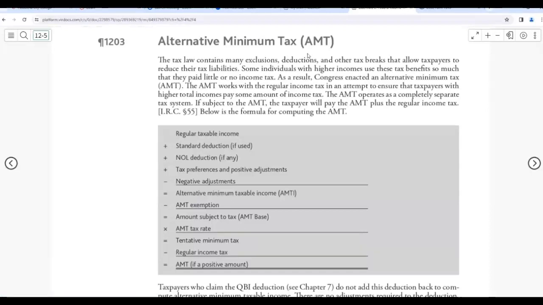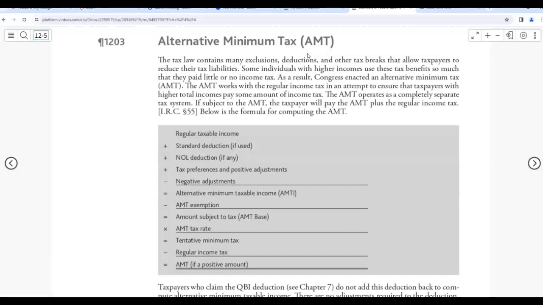If you have so many deductions and exclusions that you end up paying so little tax, IRS doesn't like that. It says you have to pay a certain amount no matter what. Even though I know you are rich and you have so many deductions and exclusions and everything possible, which is okay, you need to pay at least some certain amount of tax.